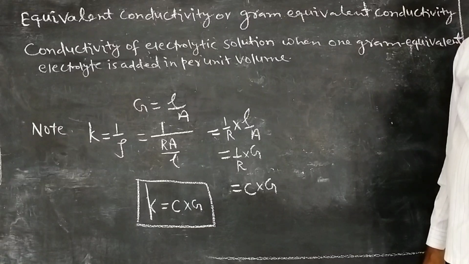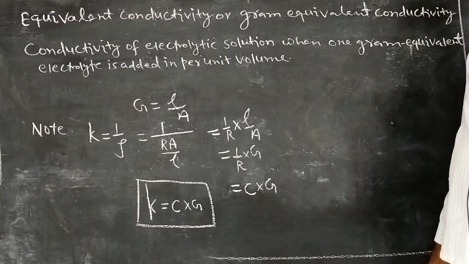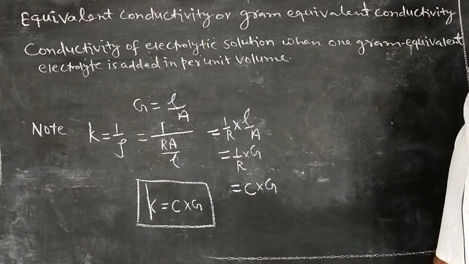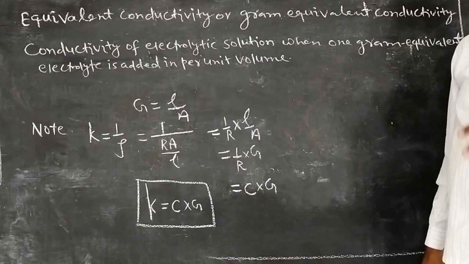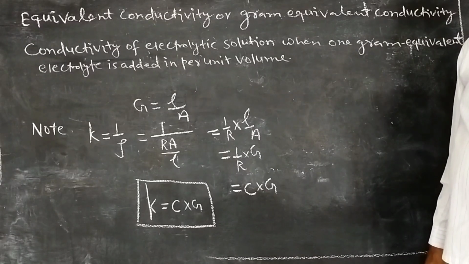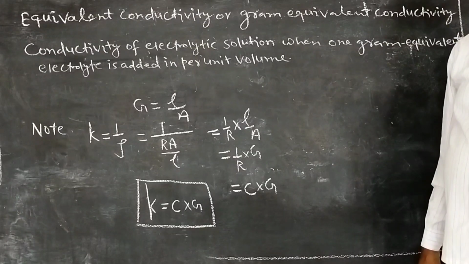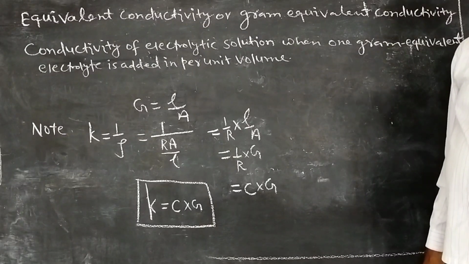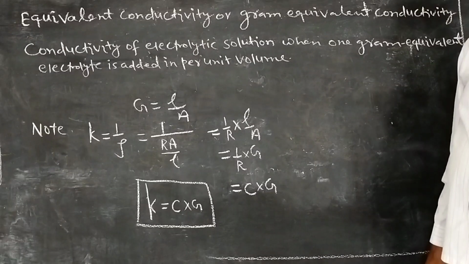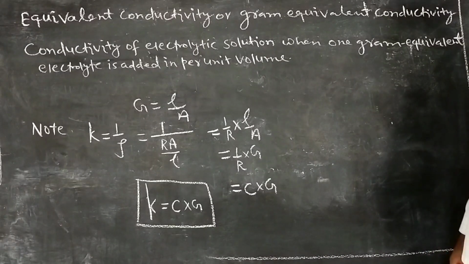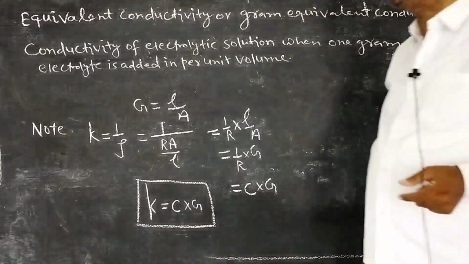Acid and salt are both regarded as electrolytes. For an acid, equivalent weight is molar mass upon basicity, and for a salt, molar mass upon number of positive charge except H plus, or molar mass upon number of negative charge except H minus. On the basis of that, equivalent weights are calculated.